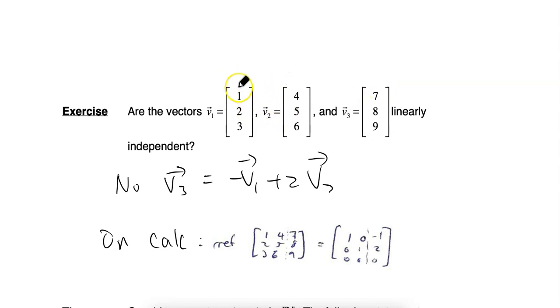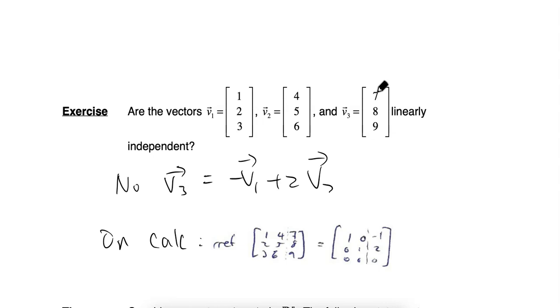There's no way V1 can be multiplied to get V2. So the question is immediately, is there a linear combination of V1 and V2 that gives me V3? And we would see that yes, if I take negative 1 times V1 plus 2 times V2, I get V3. So they are not linearly independent.